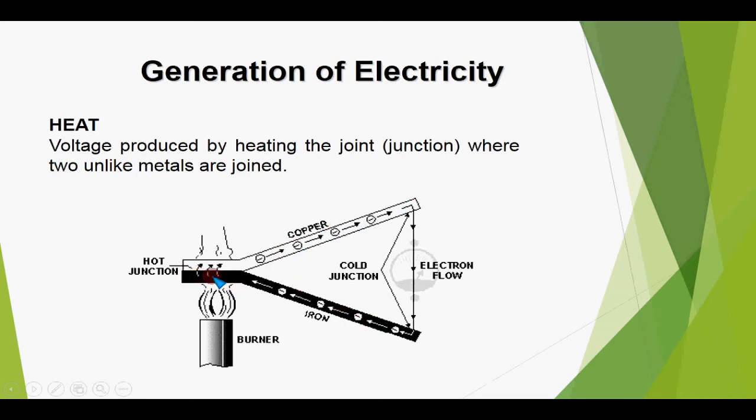This is the hot junction. It would be in the higher temperature, and this is the cold junction, which can be the cockpit of the aircraft or other display sections of the system. So that potential difference can ultimately be used to display the temperature of the inside of the engine or other higher temperature compartments.